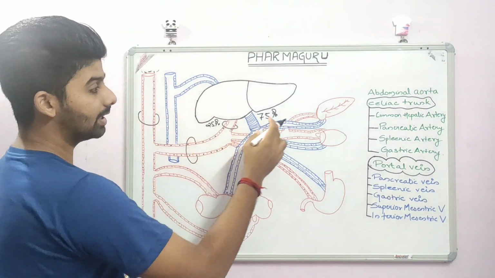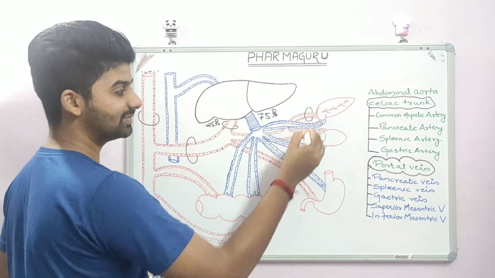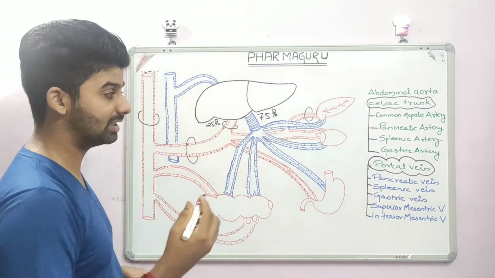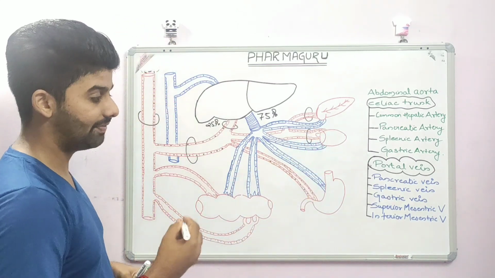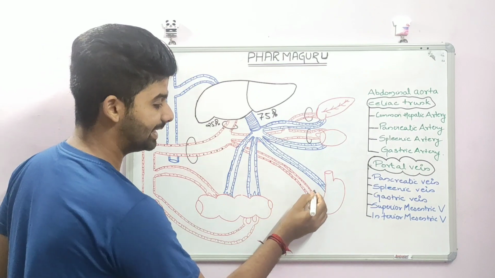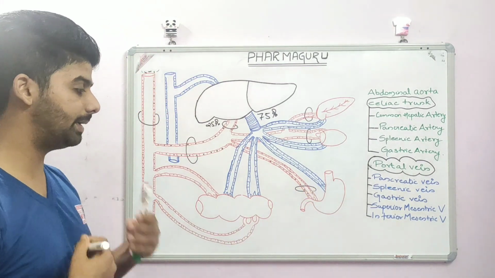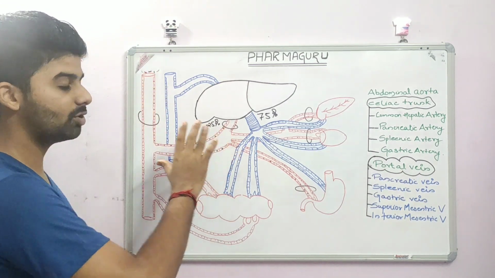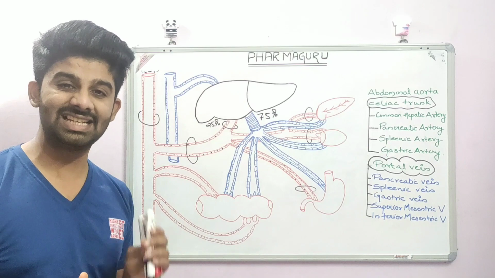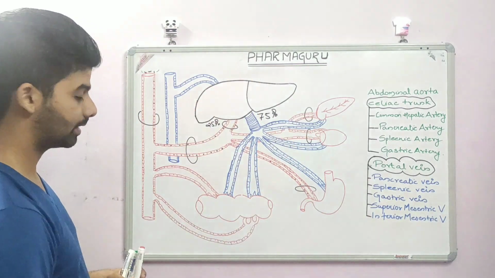The celiac trunk again divides: the first one supplies blood to the pancreas, that is the pancreatic artery, and the second one supplies blood to the spleen, that is the splenic artery, and then to the stomach, that is the gastric artery. One thing that should be taken care of here is that these arteries give pure oxygenated blood to the liver, the pancreas, the spleen, the stomach, etc.